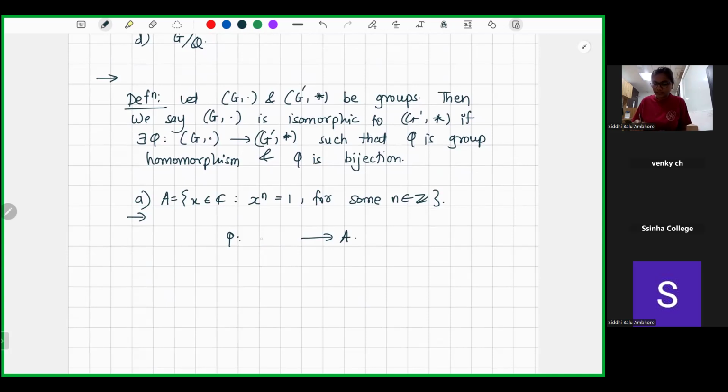Or if not, then give me some map from R to A such that its kernel will be my Z.